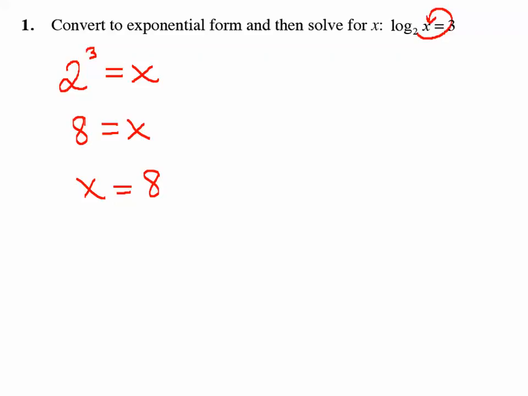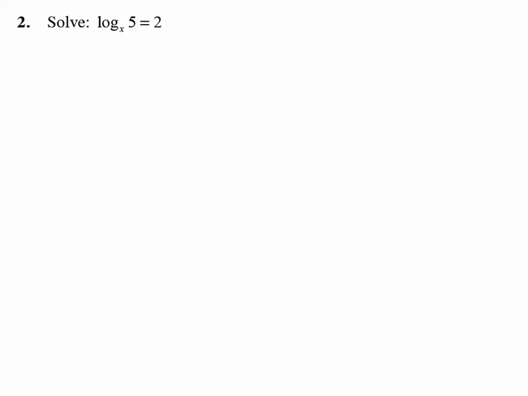All right, number 2. All right, hopefully, let's see, the base is x, sorry. The exponent is 2 and the number is 5. Good there? And simplifying this, square root both sides.